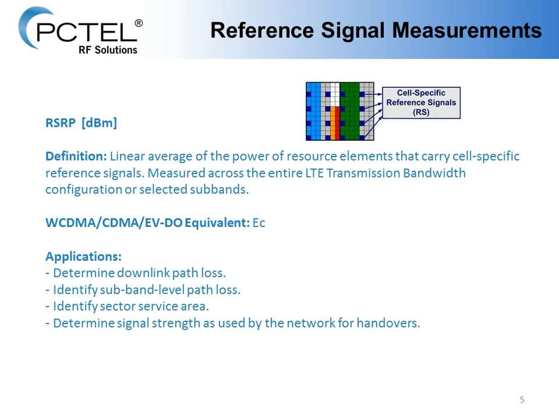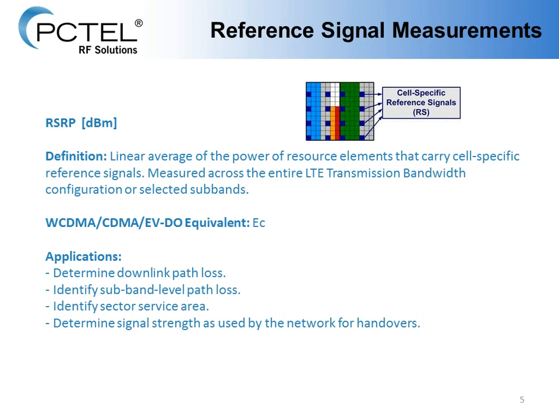The application for this is to measure what your power is for these reference signals. So if there's any path loss in your downlink, you have the ability to look at sub-band level path loss and identify what your sector service area is by looking at this RSRP.